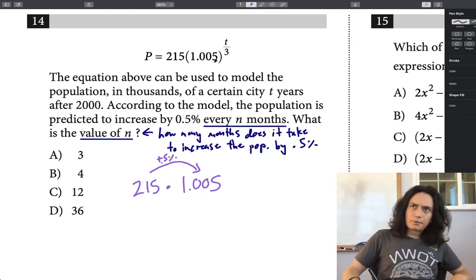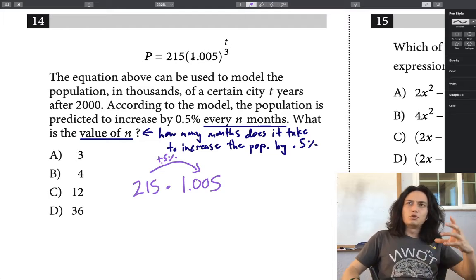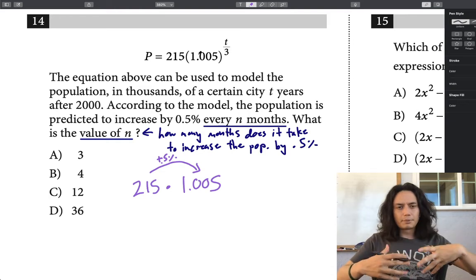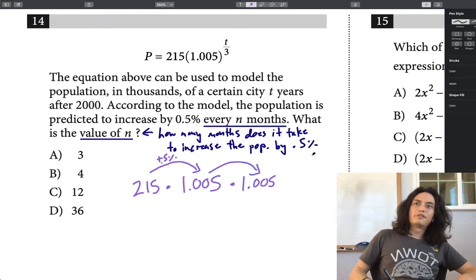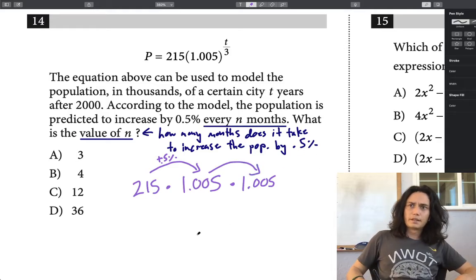And so with this exponential equation, every time we do a multiplication, that represents a 0.5% increase. So you can imagine at a certain point, we're going to do another 0.5% increase. So it's going to be like 0.5% up, 0.5% up, 0.5% up.